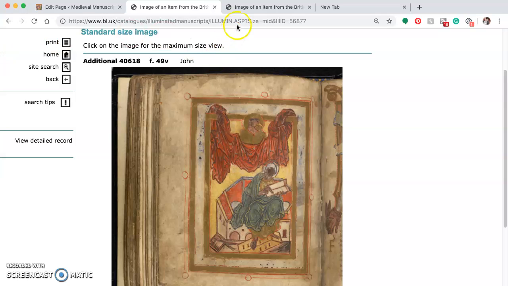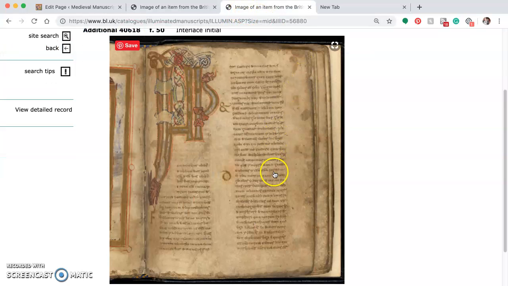Let's check out the second page that we wanted to see from this particular work. The adjoining page here shows a large decorated initial, the letter H, followed by 2 rows of text. And this is certainly also representative of both the Insular and Carolingian periods.